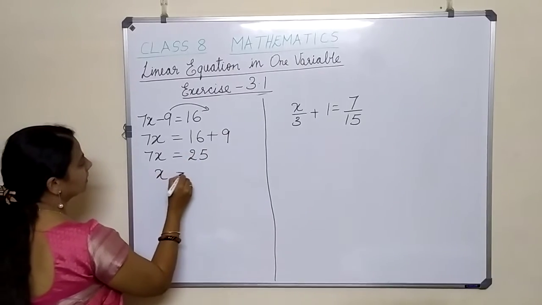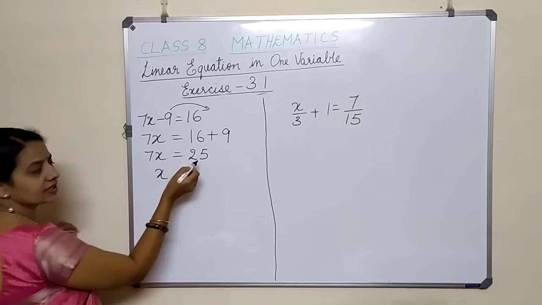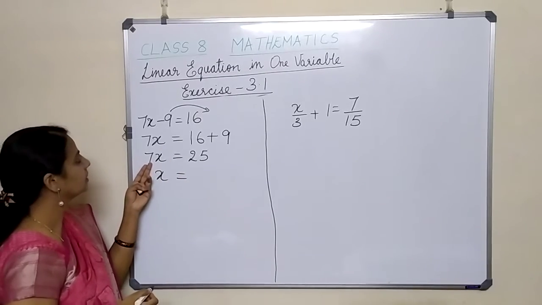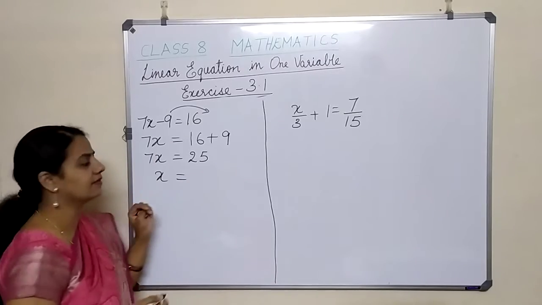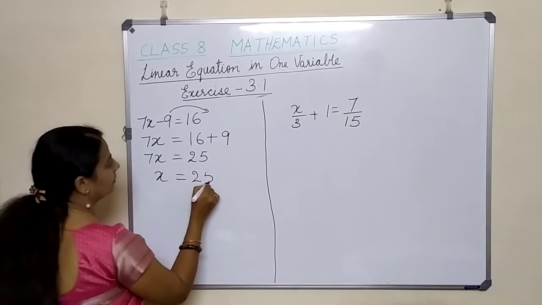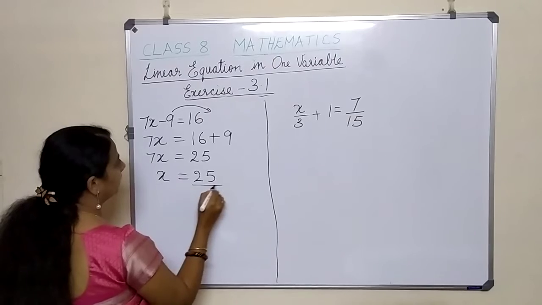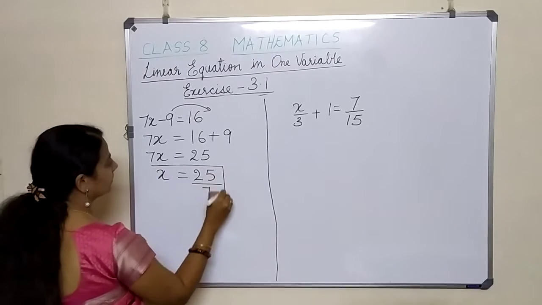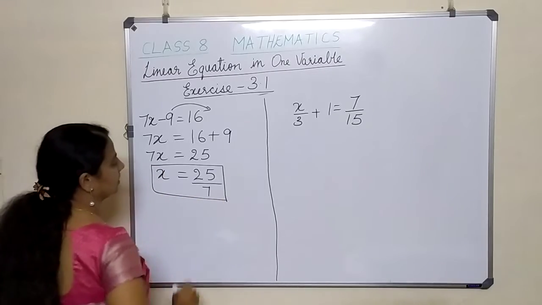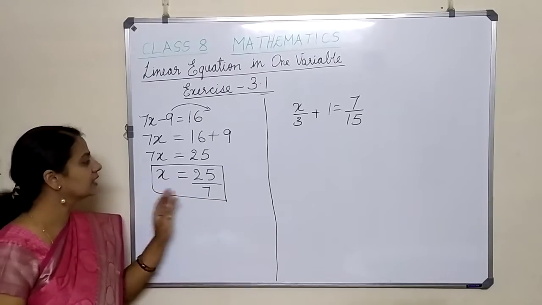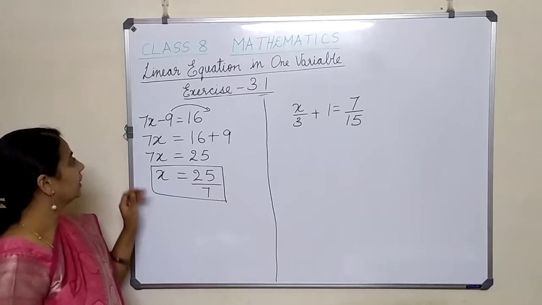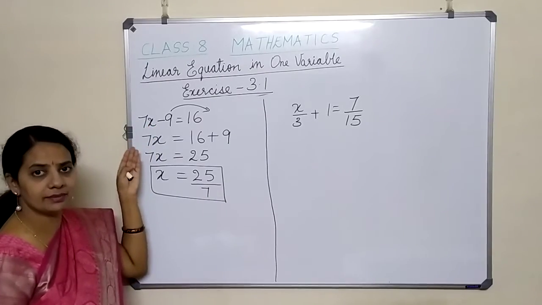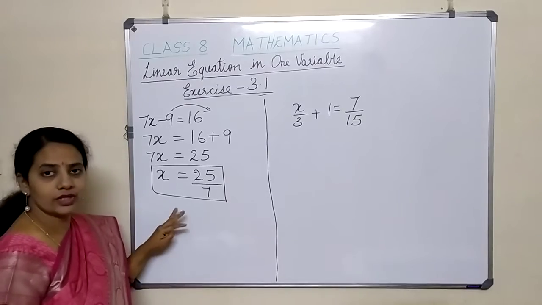So x equals, now when 7 goes to the other side, now it is in the form of multiplication, multiplicand. So when it goes to the other side, it becomes divisor. So it is 25 divided by 7. So this is your answer. X equals 25 by 7. So here you have minus sign also, and you have something like multiplicand also. So you understood this one?